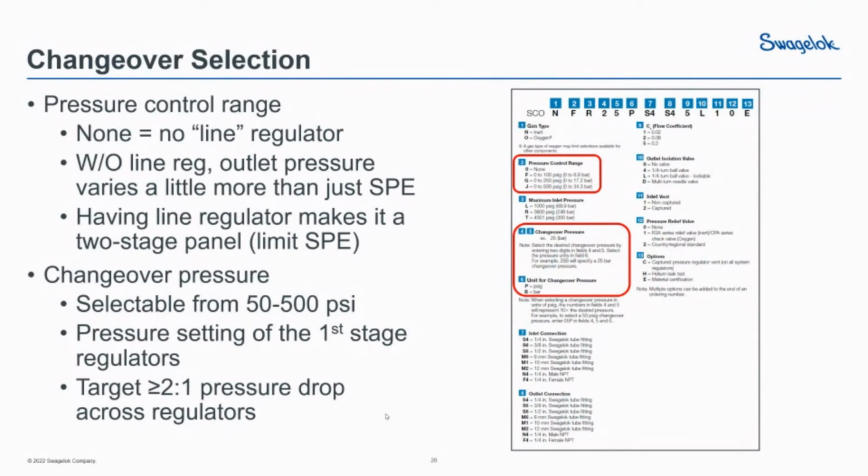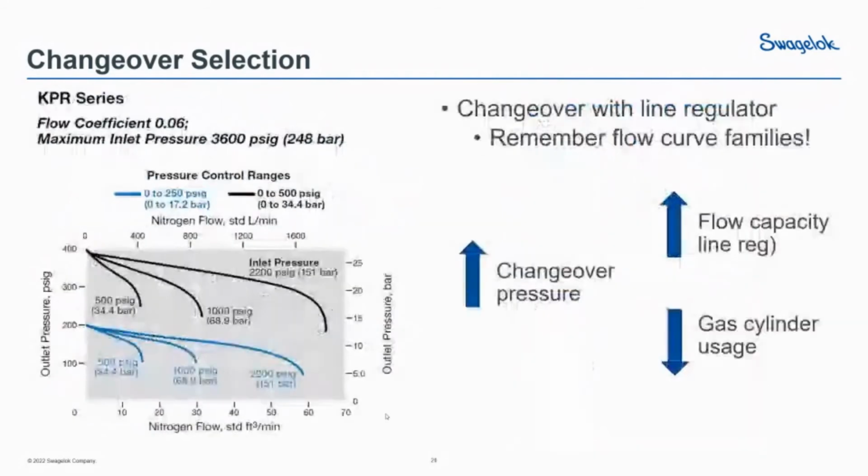So when you have a line regulator on the outlet, you don't want to set your changeover pressure very close to the line pressure that you want out of your panel. As a general rule of thumb, you want to target greater than a 2-to-1 pressure drop across your regulators. And thinking back to our flow curves, the reason is that if you maximize your pressure difference across the regulator, you can help maximize your flow performance.